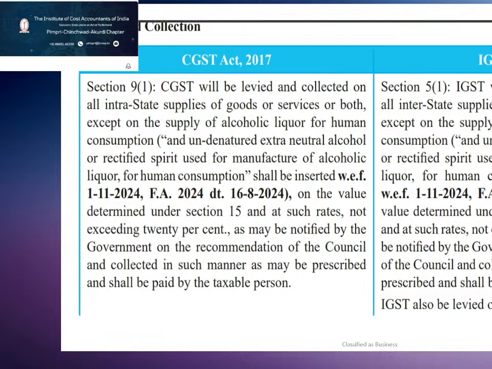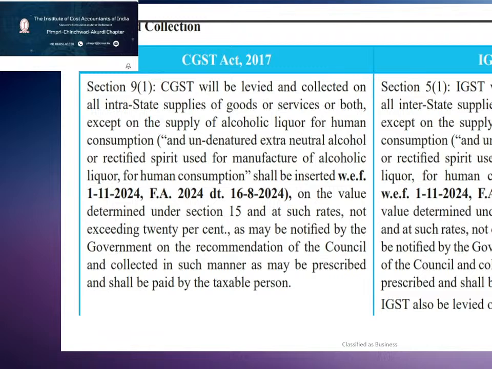So this is the RCM basis. The receiver makes payment to the supplier without GST and deposits the GST portion with the government on behalf of the supplier. This is just the opposite of the normal charge and the reverse charge.